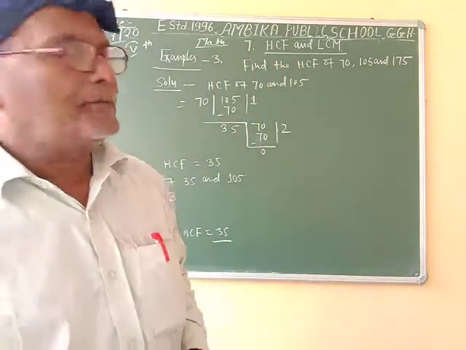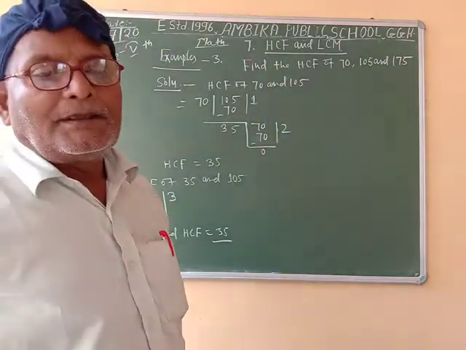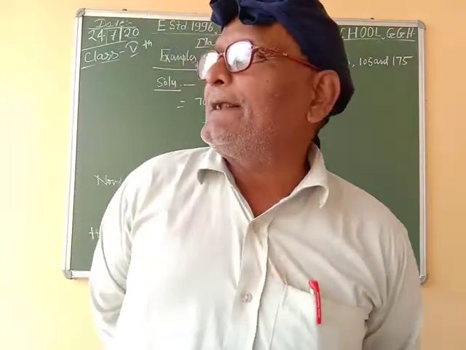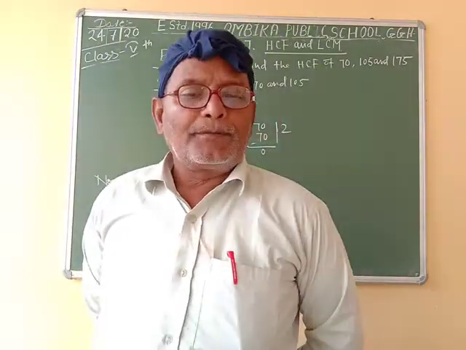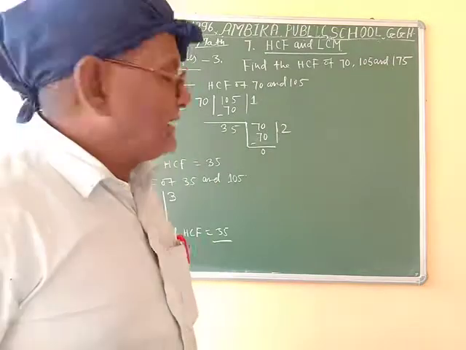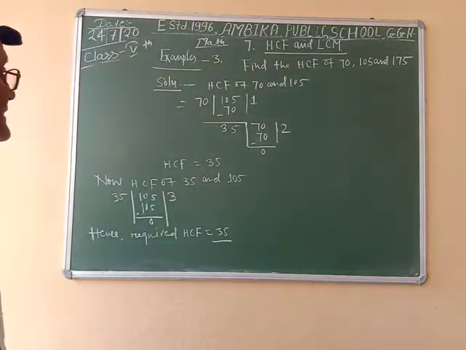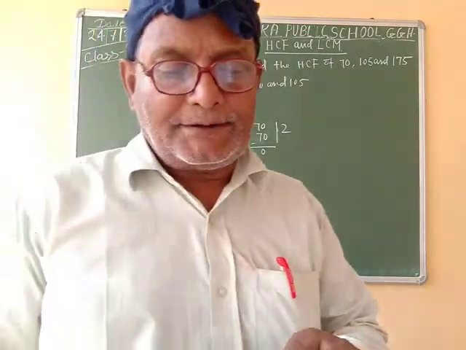Repeat this process till the remainder is 0, and the last divisor will be the HCF of the given three numbers.